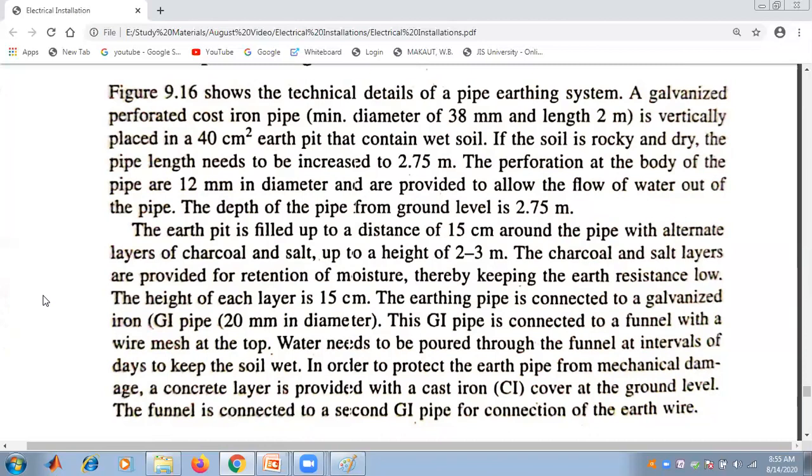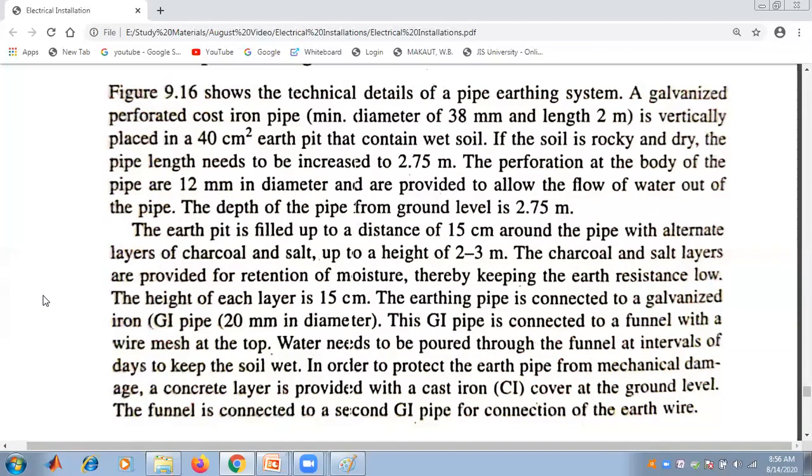It is vertically placed in a 40 centimeter square earth pit that contains wet soil. If the soil is rocky and dry, the pipe length needs to be increased to 2.75 meter.